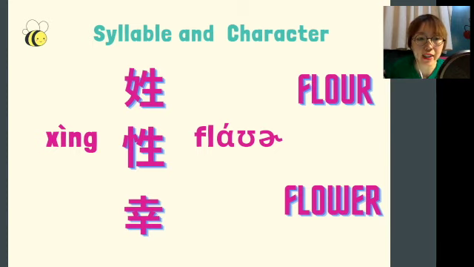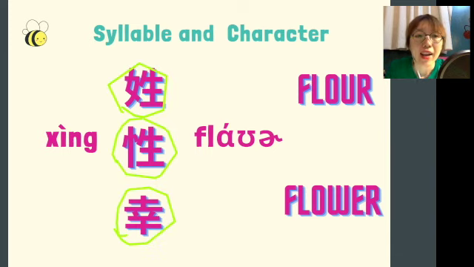In Chinese, as you can see, there are 3 characters here, and they all have the same pronunciation and same tone, which is xing. The first xing is a family name. The second xing means gender or sex. And the third one, xing, usually refers to happiness. They have the same pronunciation but totally different meanings.